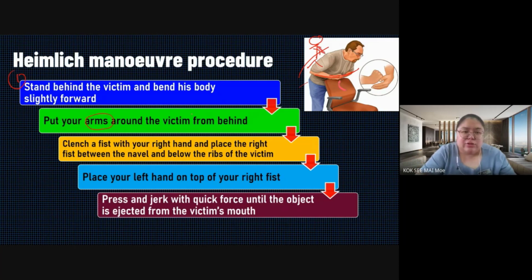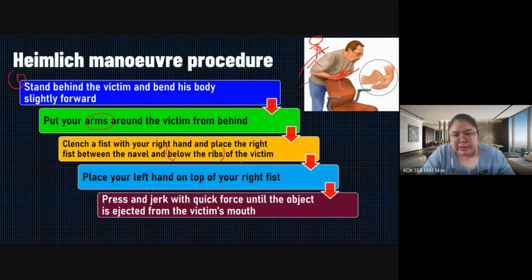Then after that, you need to clench your right hand into a fist and place the right fist between the navel and below the ribs. Below the ribs. This is the ribs. So normally it's between the lower ribs and the stomach, the middle part.